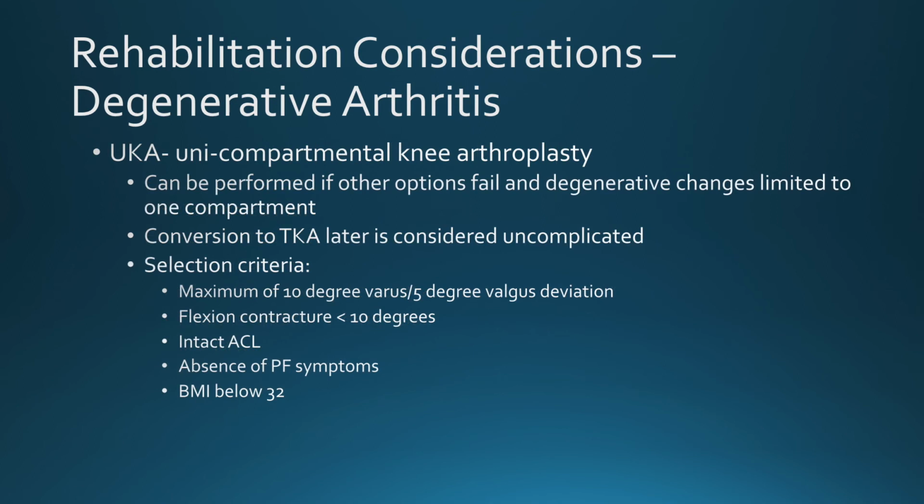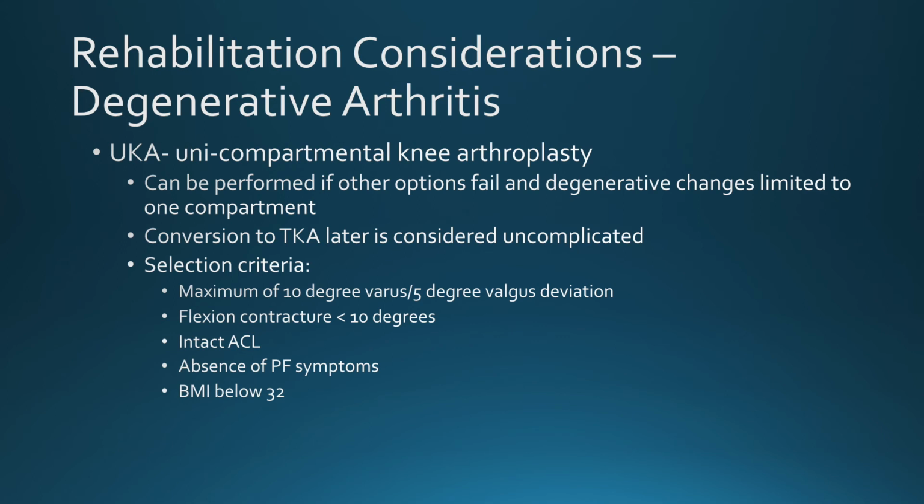We also have for this condition the unicompartmental knee arthroplasty. This can be performed if other options fail or if degenerative changes continue to be limited to just one compartment. It's easily converted to a total knee later if it's necessary.